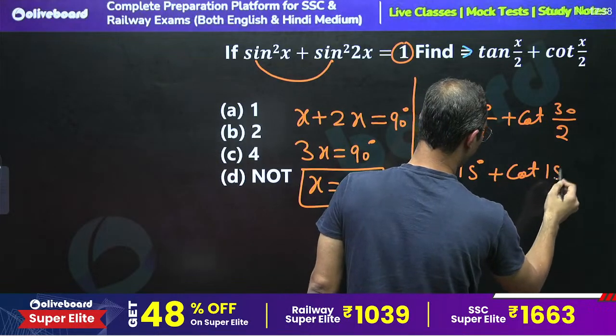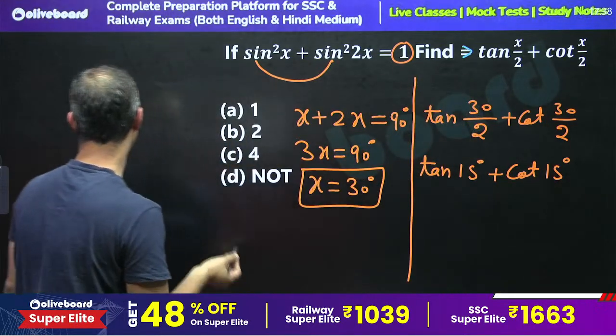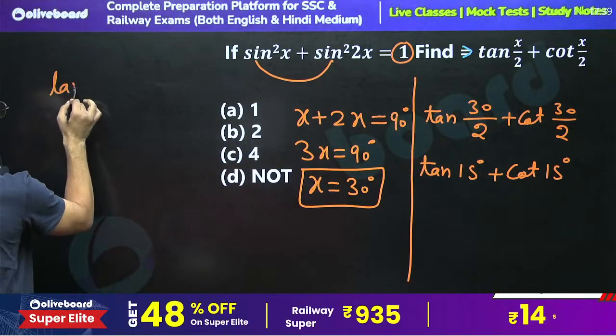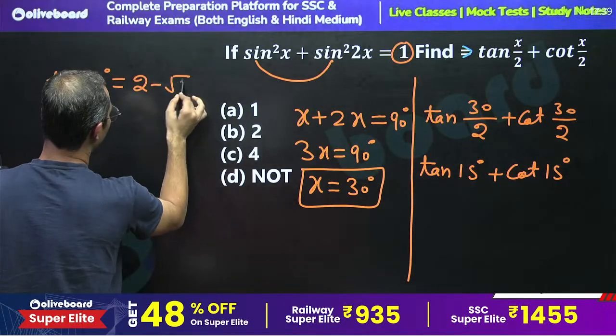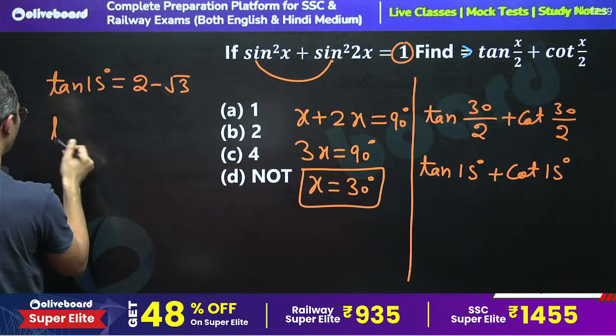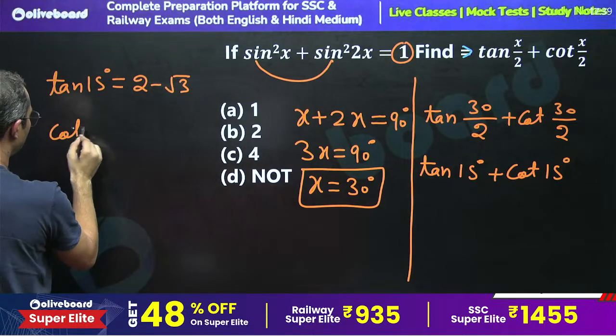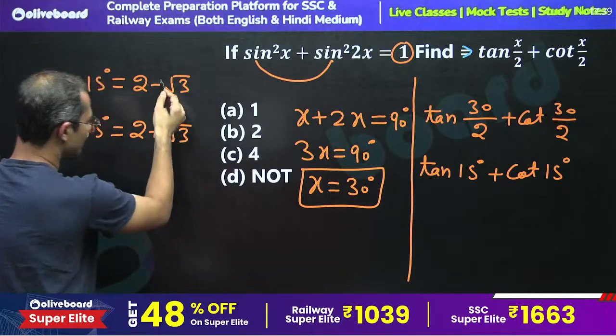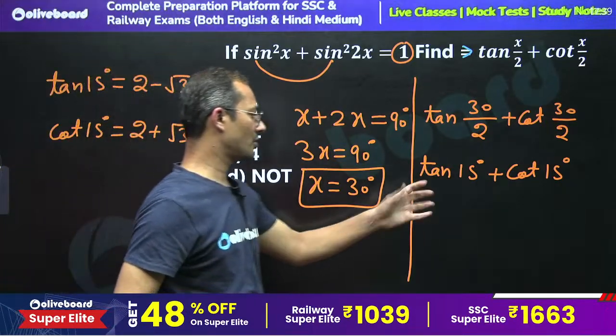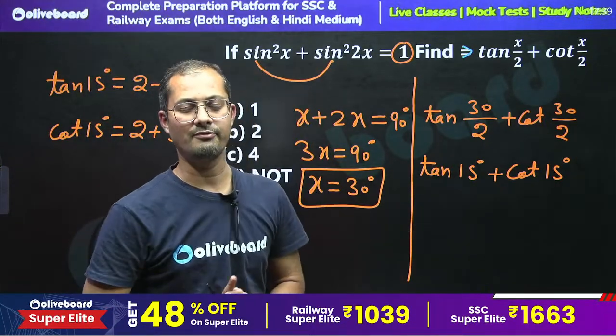So we must know that tan 15 degrees is always equal to 2 minus root 3, and the value of cot 15 degrees is... So many students got stuck here only because they don't know the value of tan 15 degrees.